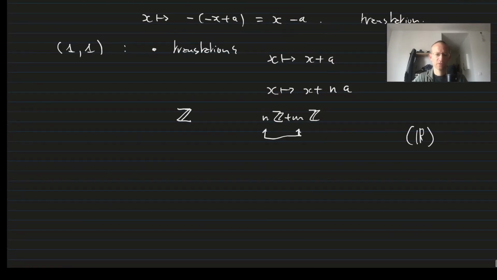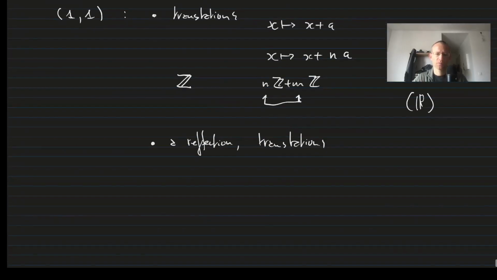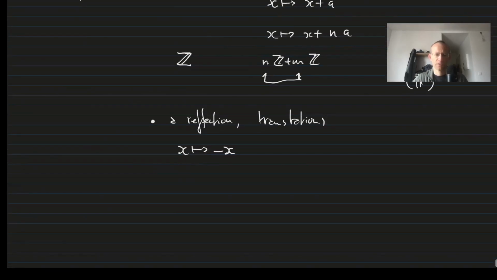This is a case of just a homogeneous pattern. But if we restrict to discrete symmetry groups, then there's one more possibility. We can have the group generated by a reflection and translations. But this group would have an element x goes to minus x if the reflection is centered at 0, as well as x goes to x plus a.